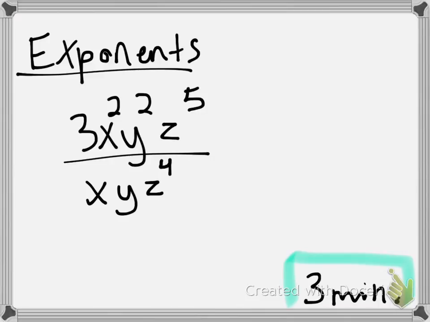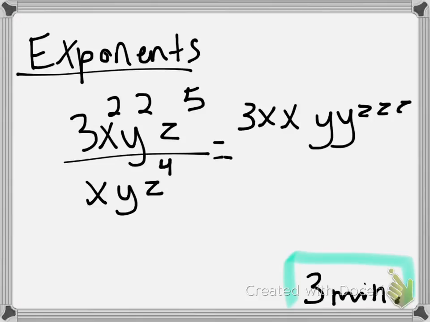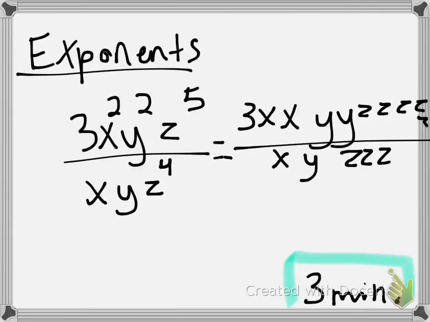Okay, now remember, with exponents, when in doubt, expand it out. You have 3x, x, y, y, z, z, z, z, z. We ran out of room right there, didn't we? And underneath it, I'm going to have just x, y, z, 2, 3, 4. So cross that out, cross, cross, cross, cross.